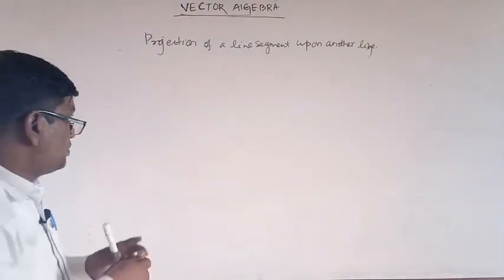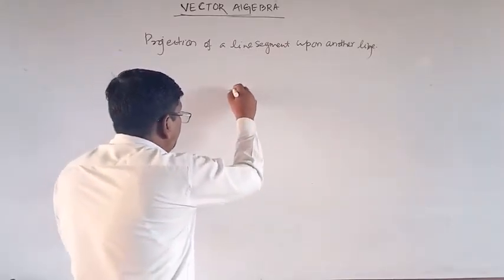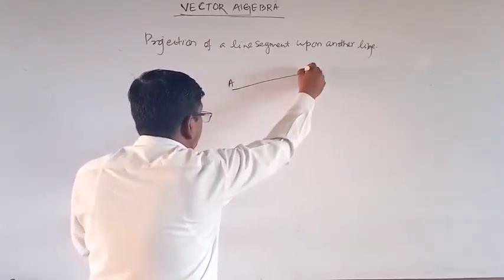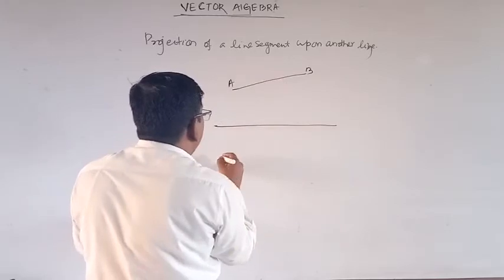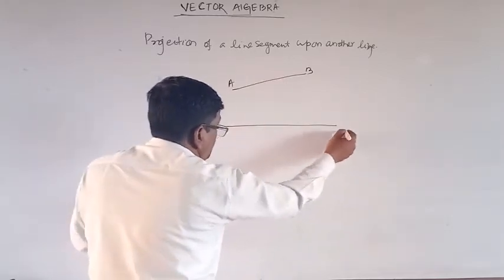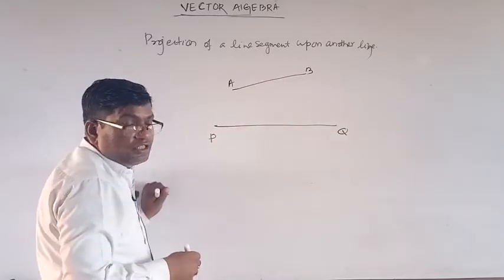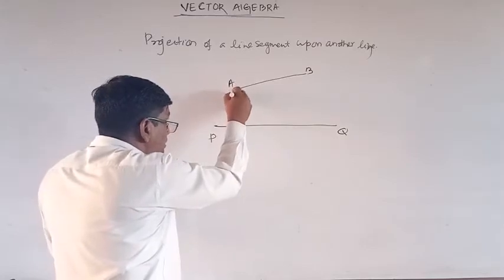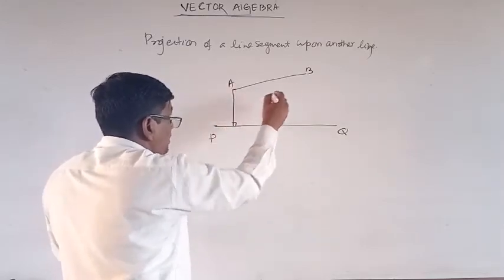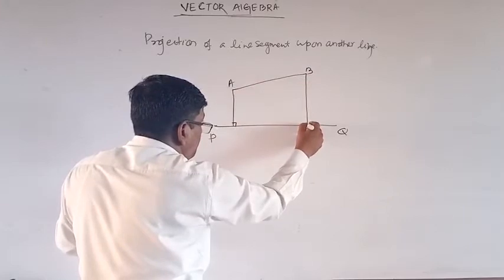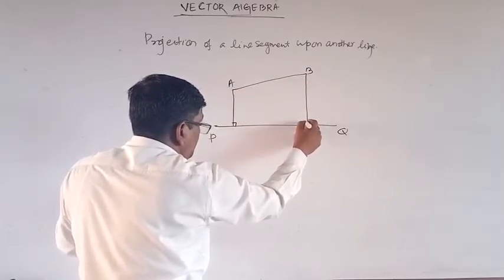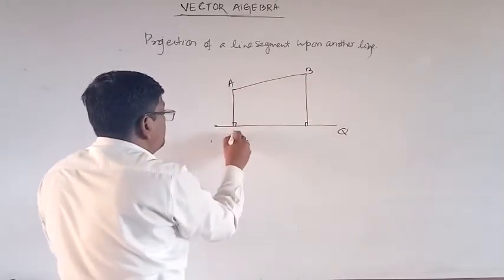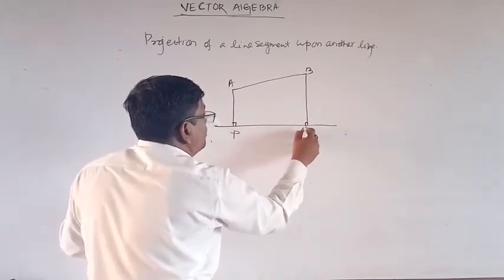Okay. Suppose this is line AB and this is line PQ. Projection means you have to draw the perpendicular from the point A and from the point B. Suppose this is P and this is Q.